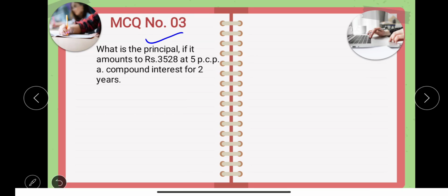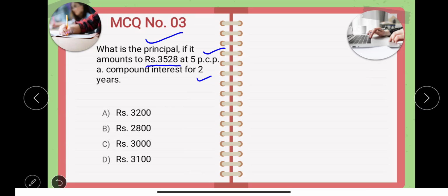What is asked? What is the principal? The amount is given as rupees 3528, the rate of interest and the period are given, and the options are option A rupees 3200, option B rupees 2800, option C rupees 3000, and option D rupees 3100.